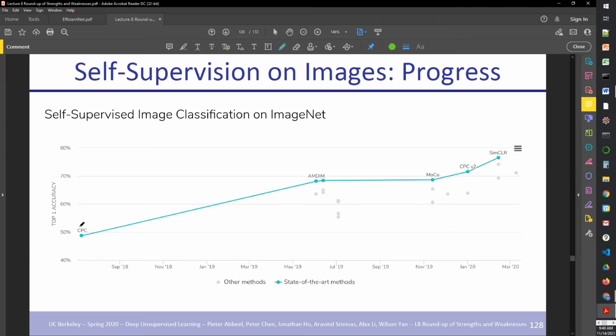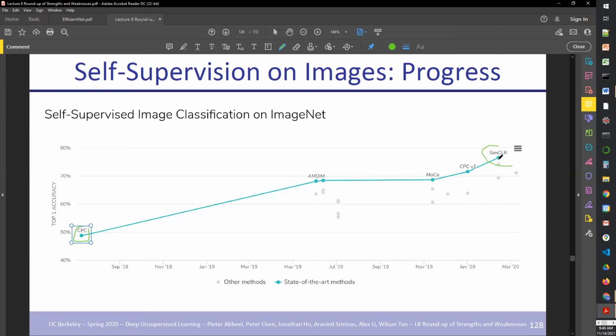Recall that in about summer of 18, CPC V1, the classification was around 48.5%. From there, it came with SimCLR, at the time when the course was taught, which I believe is spring of 2020.